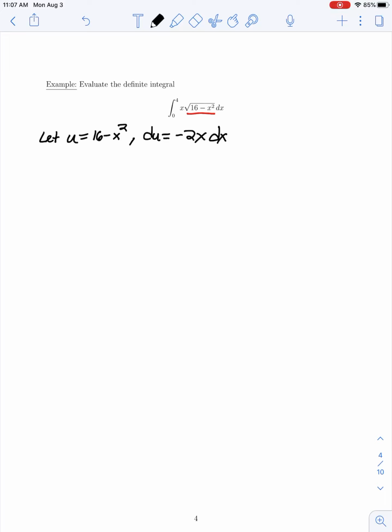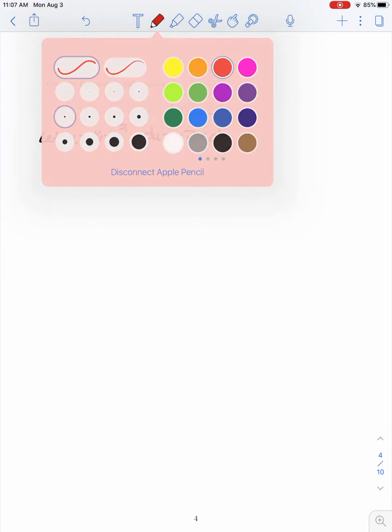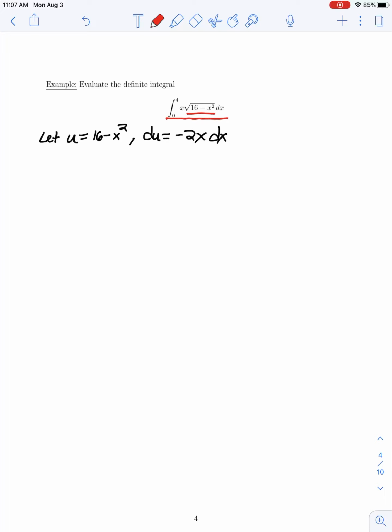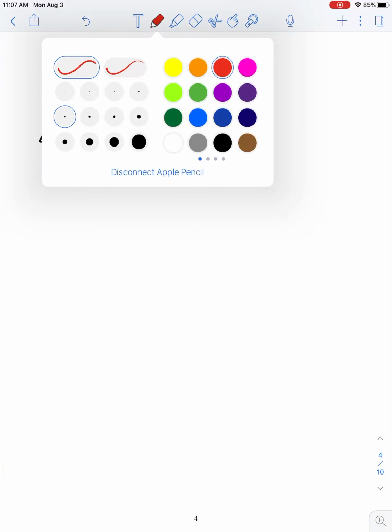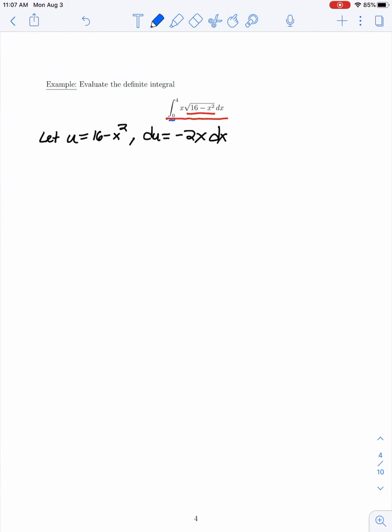Now, our goal is to take the original integral that we were given, so shown here in terms of x, and rewrite it in terms of u. So what's a little bit different in the case that we've got a definite integral and we're using substitution is we now have limits of integration.